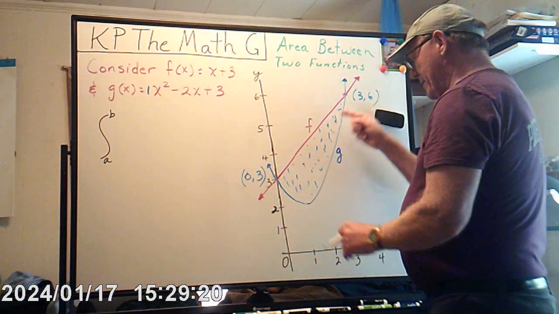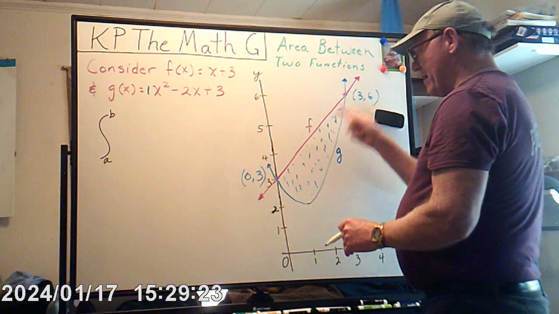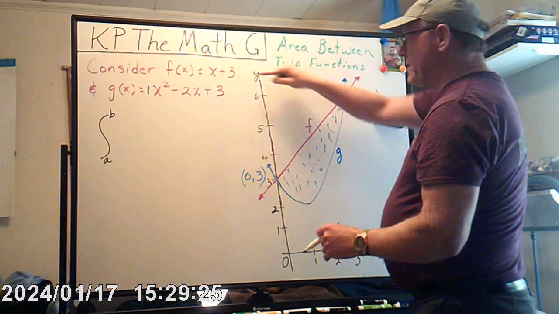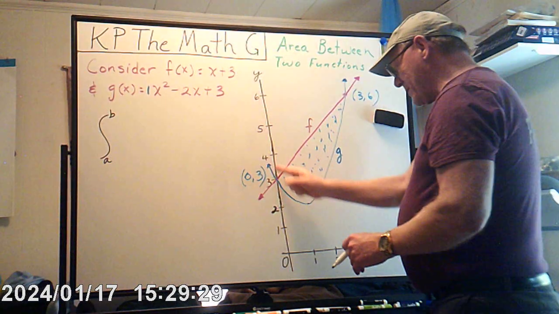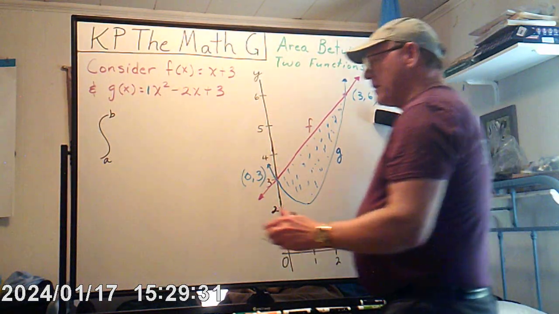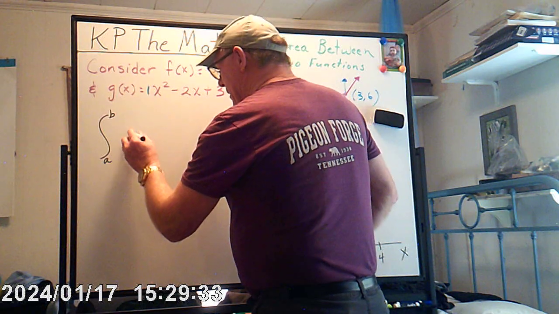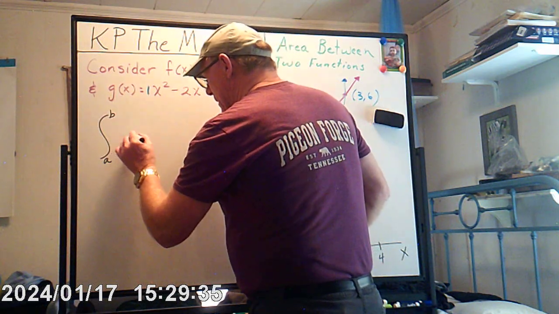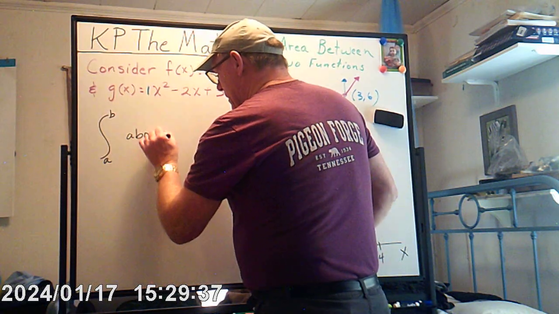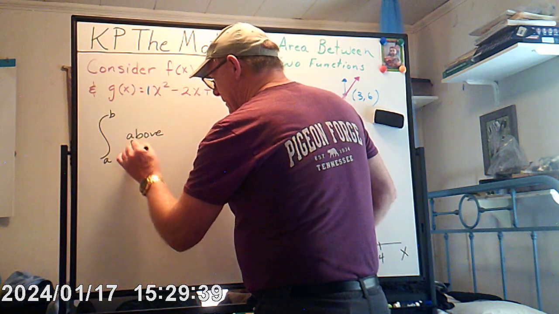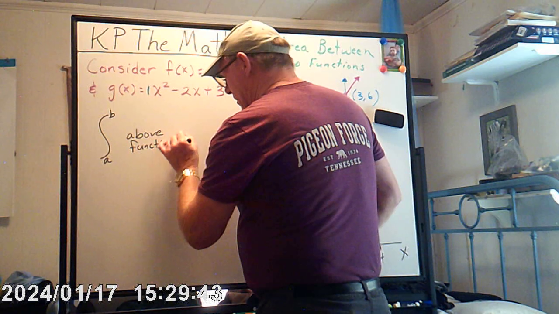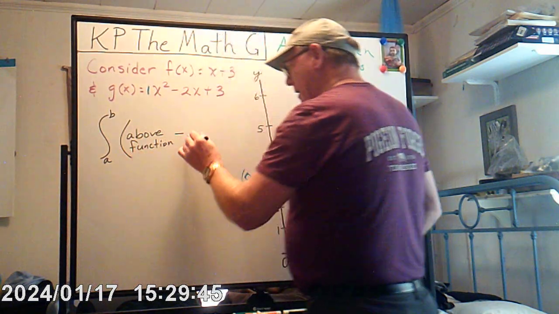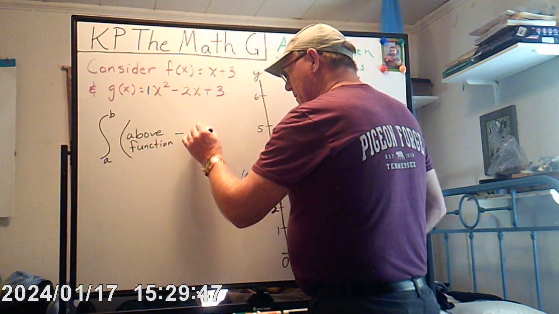F is above the g. The f function, which is here, the straight line, is above the g function. So we say the above function is going to be subtracted minus the below function.